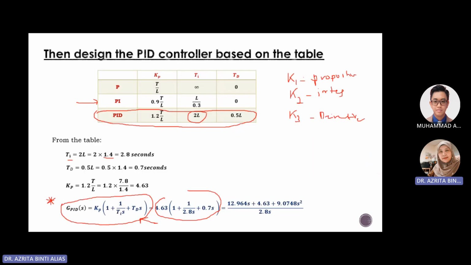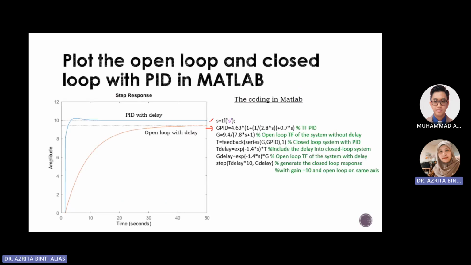I just put it into the code and get the transfer function for the PID controller. After that, I write again the transfer function of the system without the delay. We add the delay later on, since our discussion is the linear system.